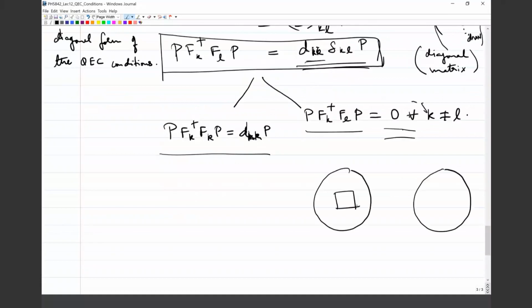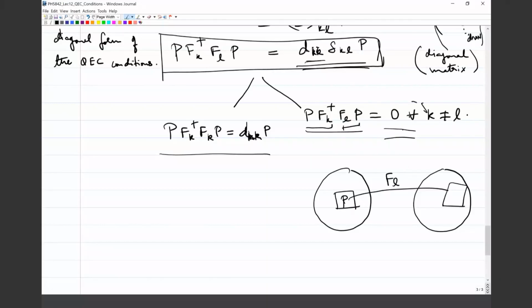I take the code space and I act some error operator, F_l, on P. So F_l P is basically the action of one error operator, which is labeled l, on the code space. P is the projection operator that characterizes the code space. So this is taking me to some region of the larger Hilbert space.